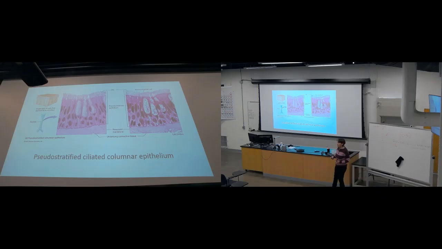Pseudostratified, we have it in the upper respiratory tract, specifically in the trachea. So you have only one layer of cells, it looks like more than one, and this epithelium has cilia on its surface. These cilia help to sweep away the mucus that we produce to lubricate our trachea, and also to sweep away any debris that we might breathe.